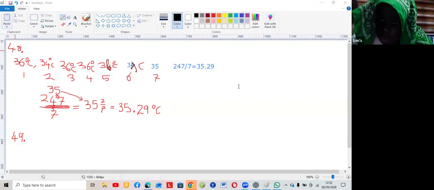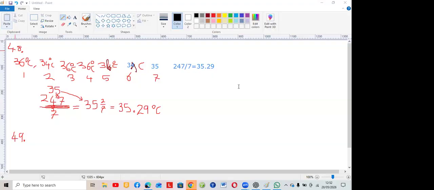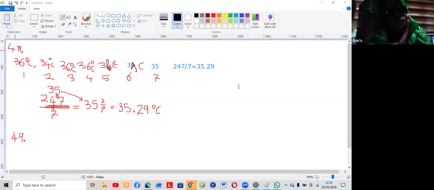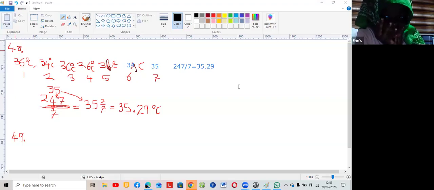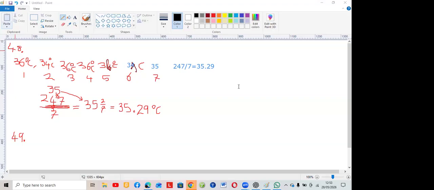Do we have a model exam on Saturday? What do you mean by model exam? It's the admission letter to secondary school. You guys have an exam to write on Saturday, isn't it?